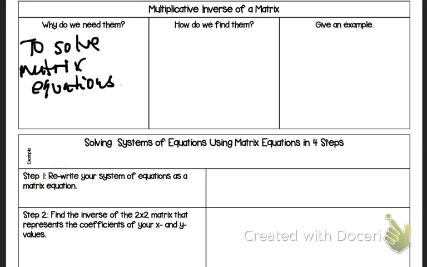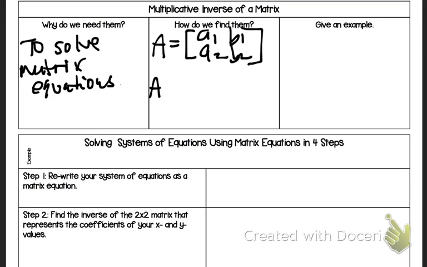Okay, so if we have the matrix A, which is just A1, A2, B1, B2. Okay, and the determinant does not equal 0. Okay, so the determinant of a 2 by 2, you just multiply the diagonals and subtract them. And the inverse is written like this, A to the negative first power is what it looks like, but that's really just the inverse matrix.